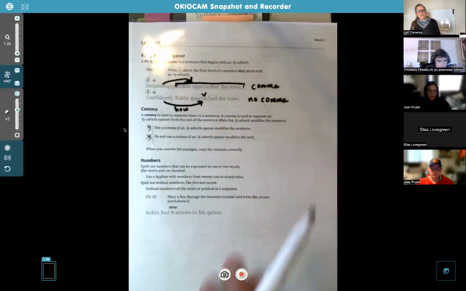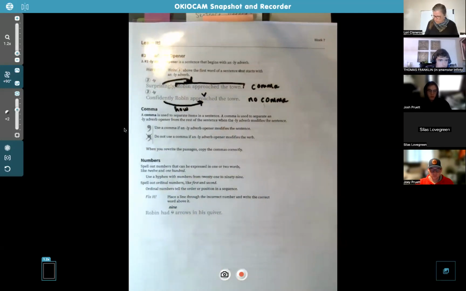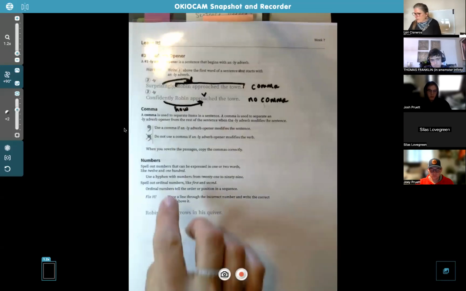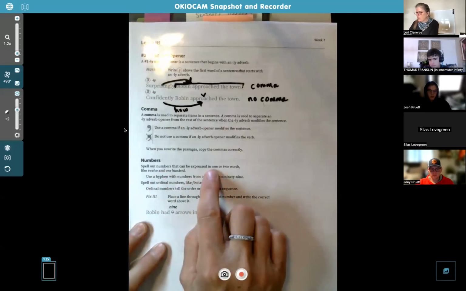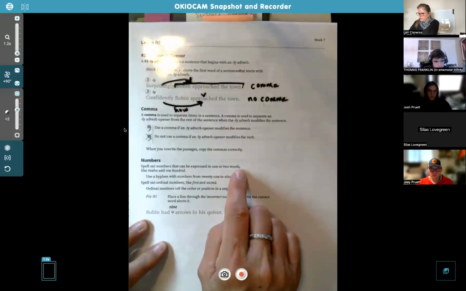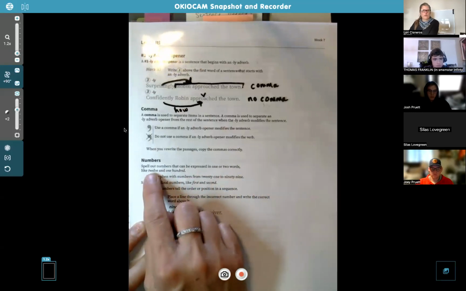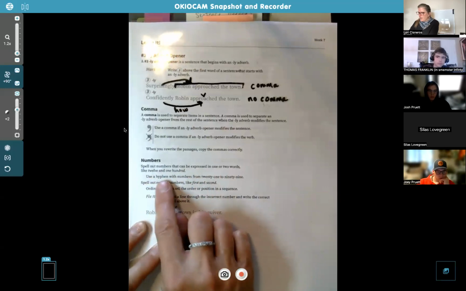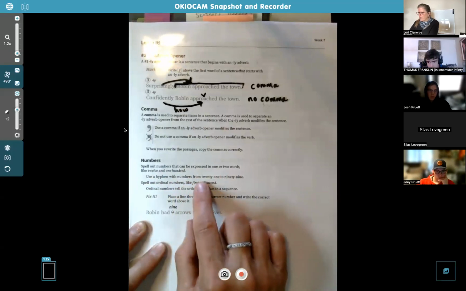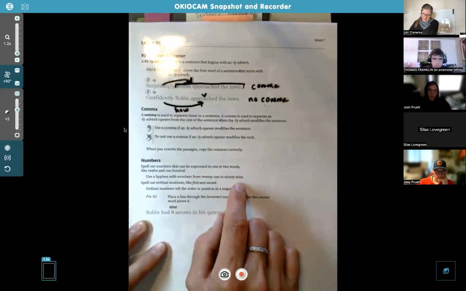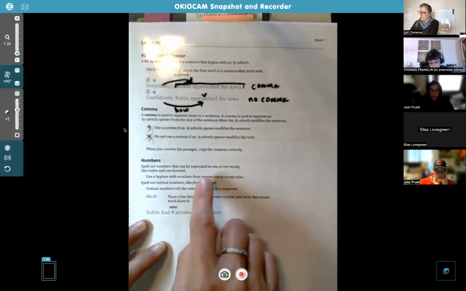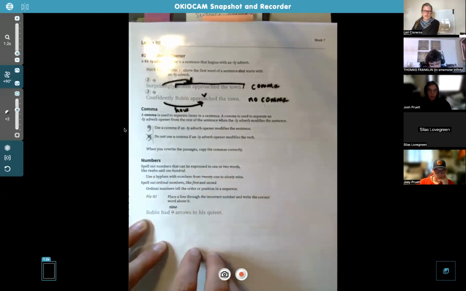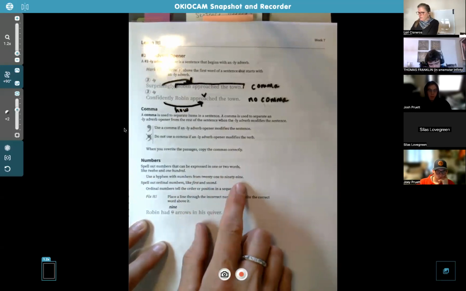There's another section down here that talks about numbers. You're going to spell out numbers that can be expressed in 1 or 2 words, like 12 and 100. Use a hyphen with numbers from 21 to 99. So anytime you have anything between 21 and 99, you're going to use hyphens.